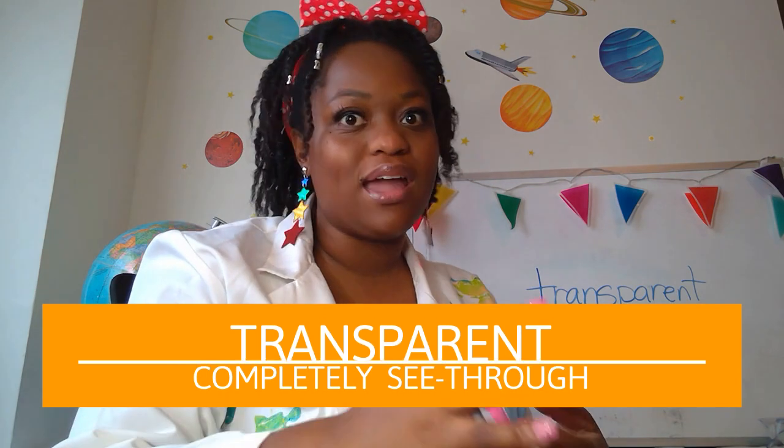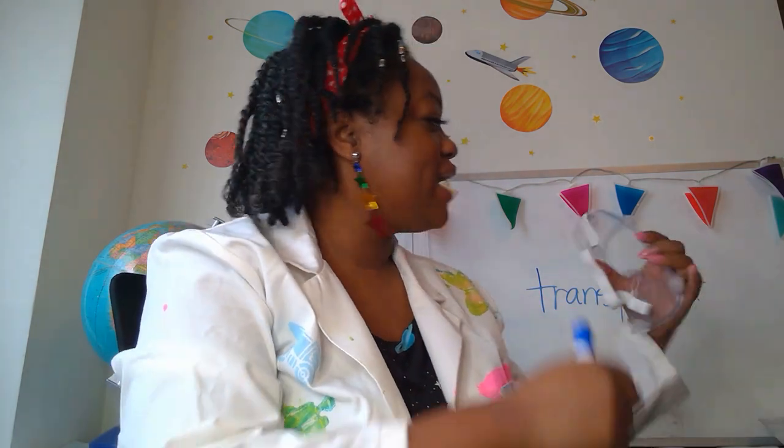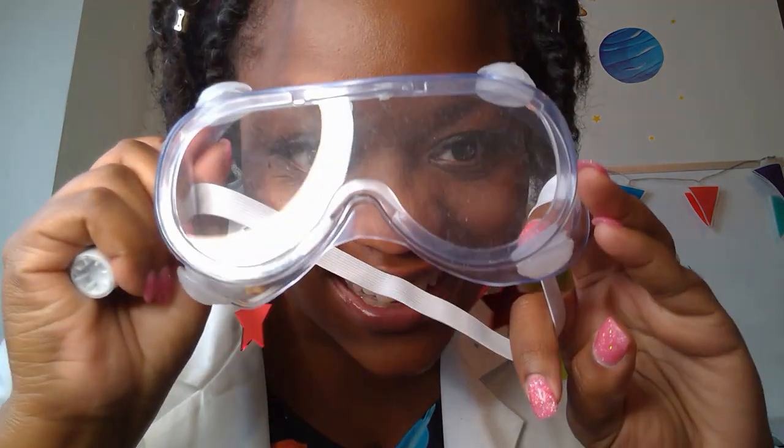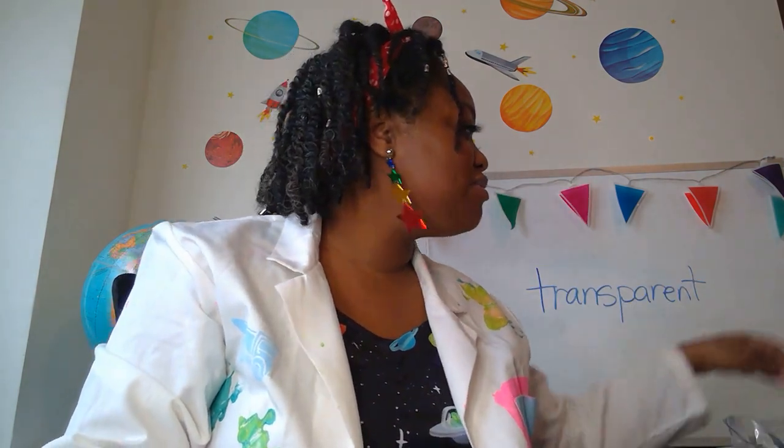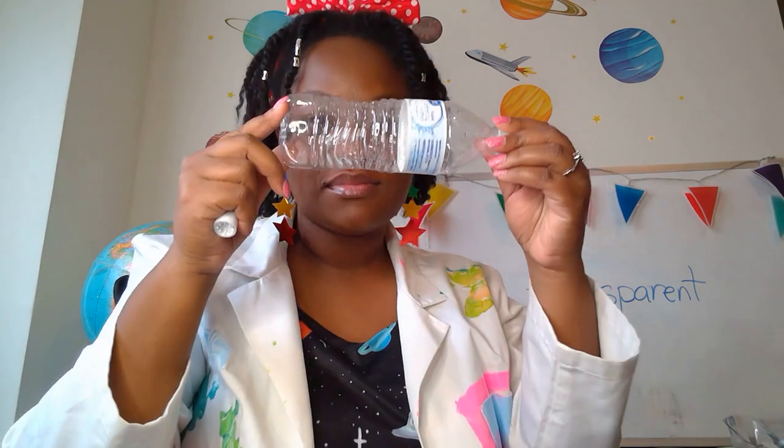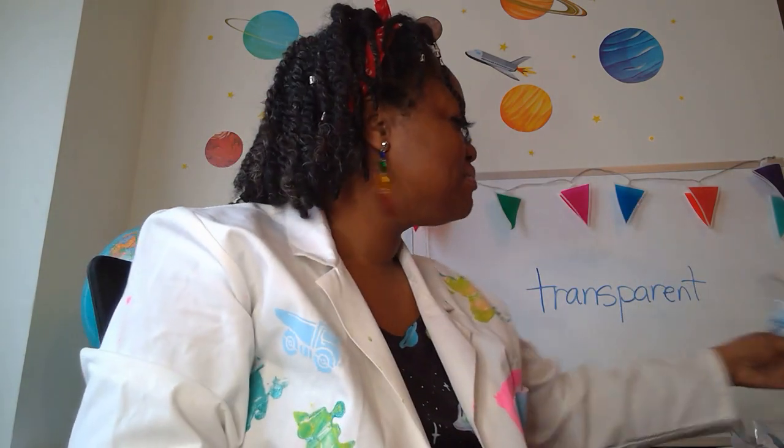You can see right through it. For example, my science goggles here. You can see right through these. I can see through it. So these are transparent. Same as this water bottle. See right through it. These are transparent.